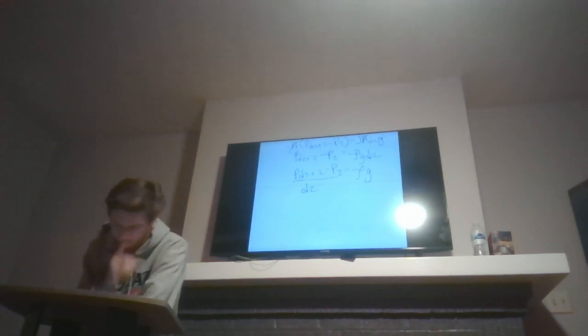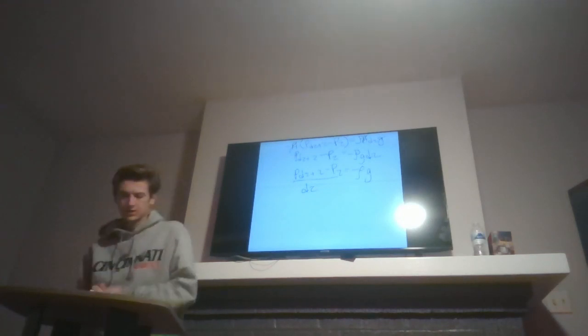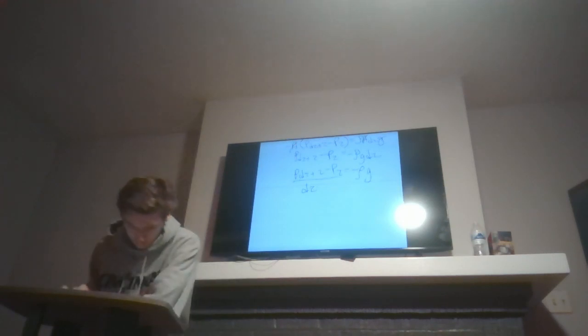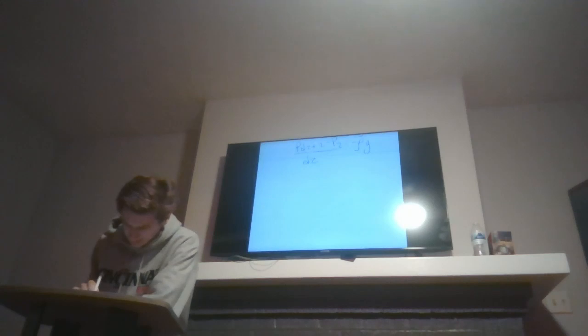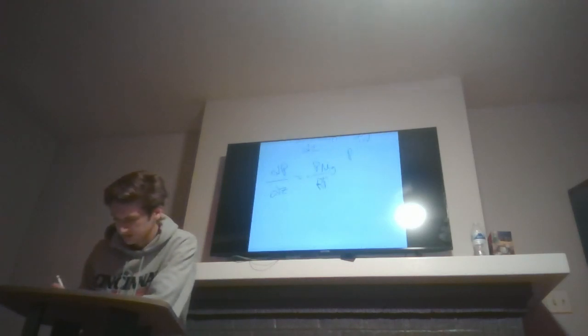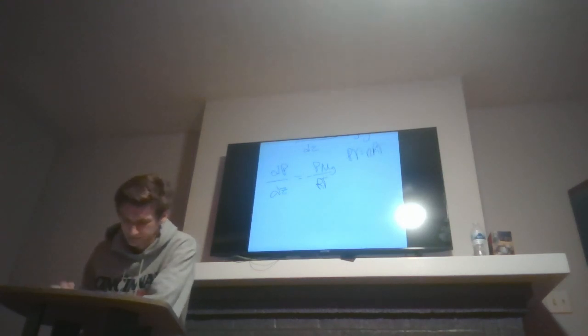Alrighty. So now we'll take the change in height into that equation. So dP over dz equals negative P times Mg over RT. And how I got this formula is by using PV equals nRT, the basic ideal gas formula.